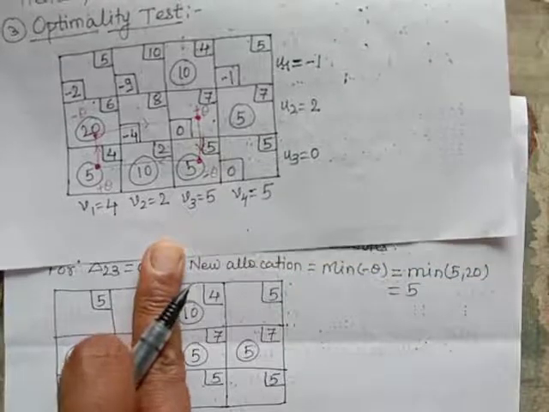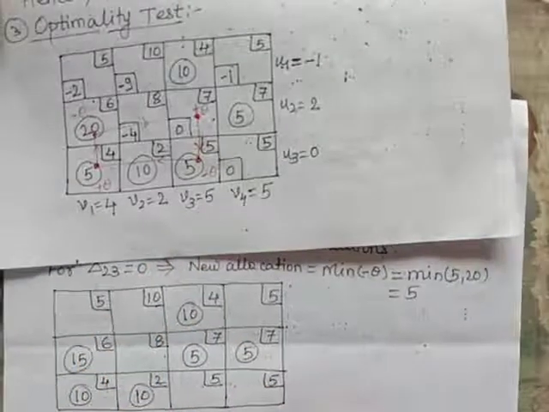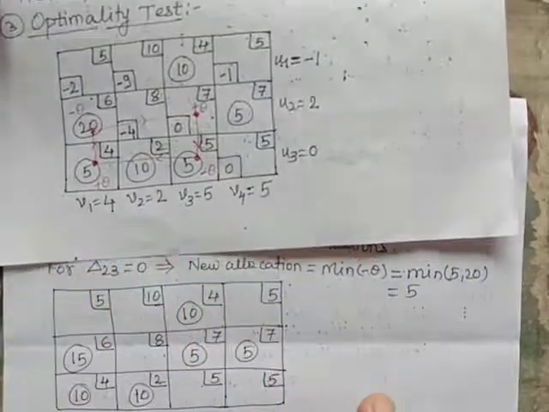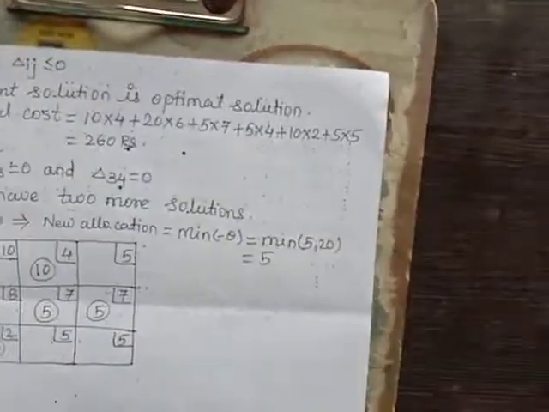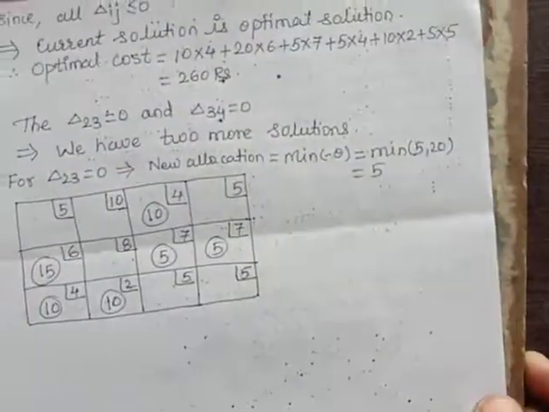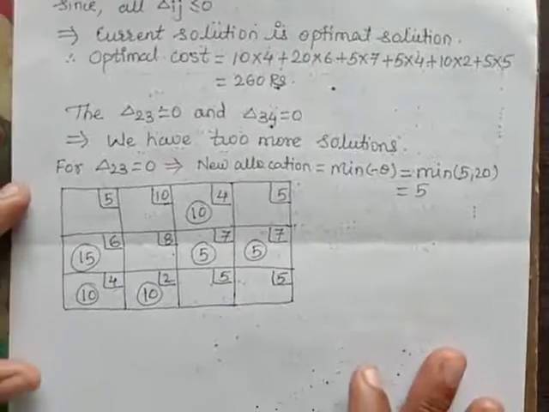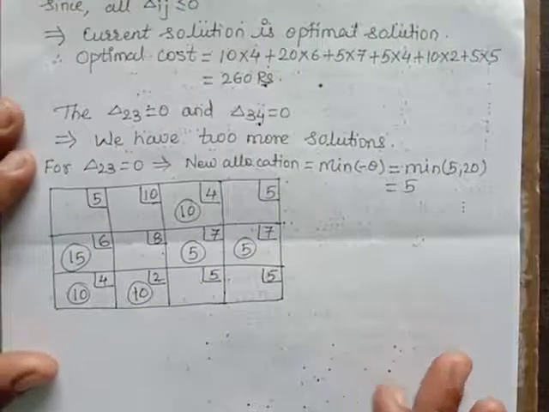That was 260, it is same as 260. So now let me find out UIs and VJs and let's check it is optimal or not.